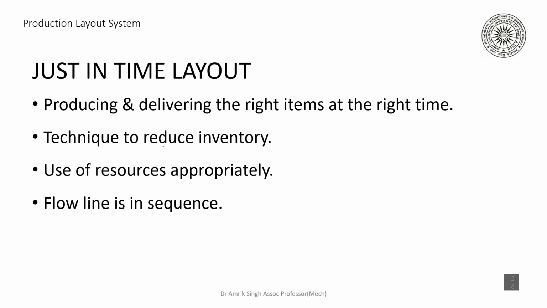So the last is just in time. Just in time, as I told, we produce or we order as much as required. So producing and delivering the right items at the right time. Okay. It is something like this. An order has been received from the customer.